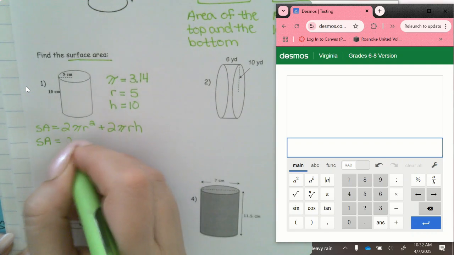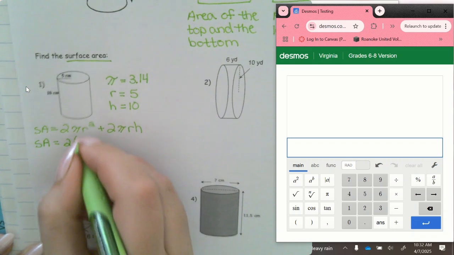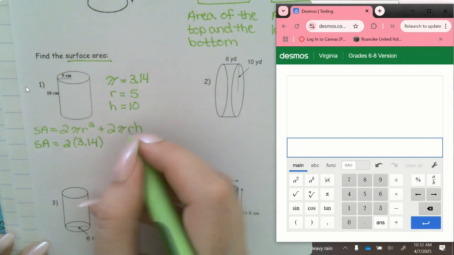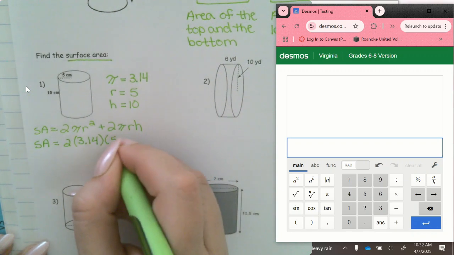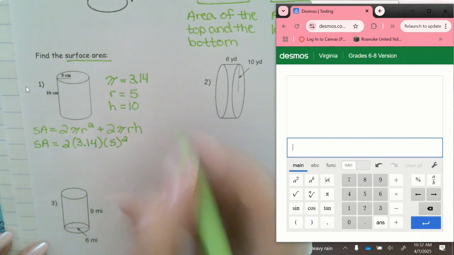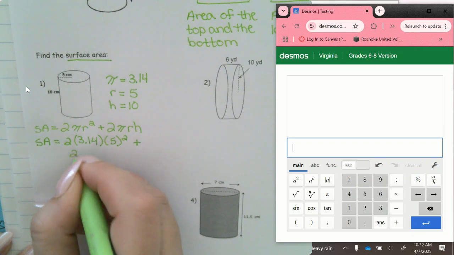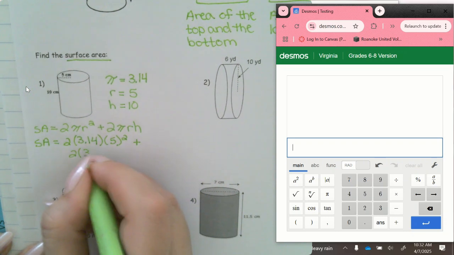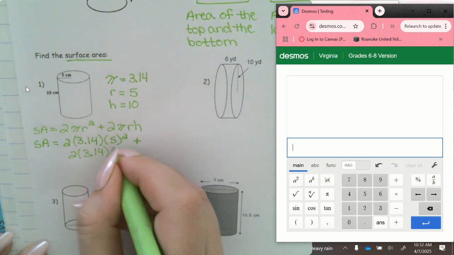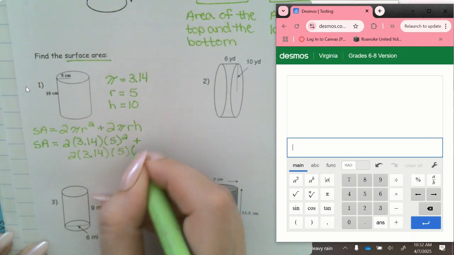So I substitute in 3.14 for pi times my radius of 5, and that is squared. That's that first chunk in the formula. Plus 2 times 3.14 times my radius of 5 times my height of 10.